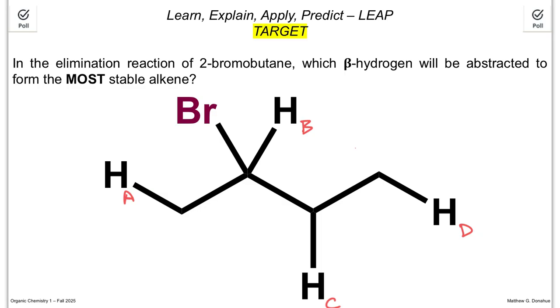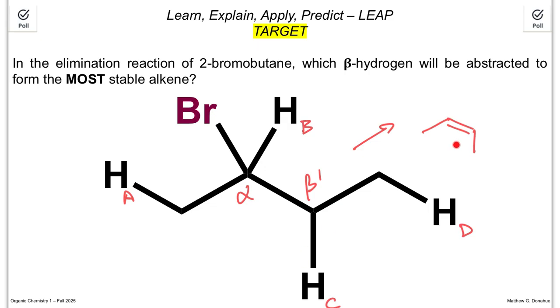So C. So this is the one we'll get into because there's a little bit more nuance here. This beta carbon has 3 of the same hydrogens in a methyl group. This beta prime has 2, it's a methylene.